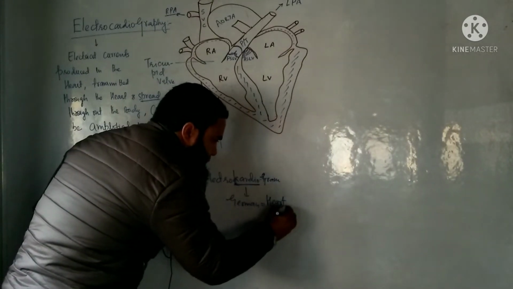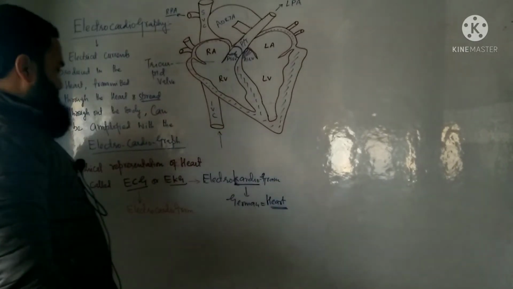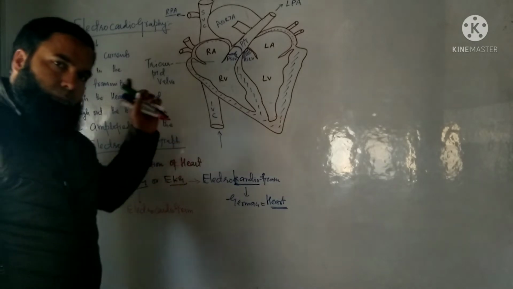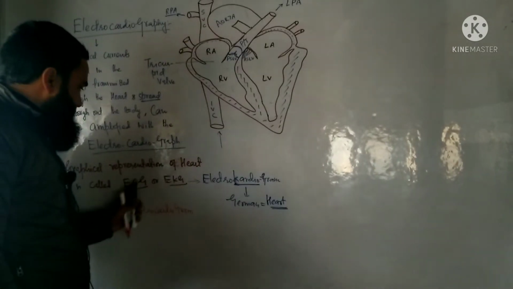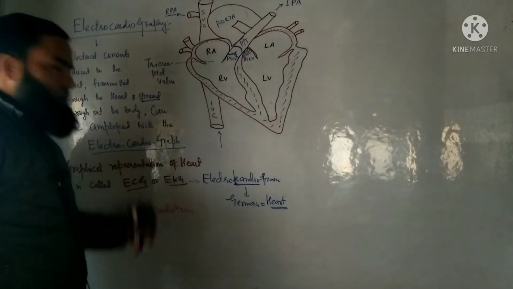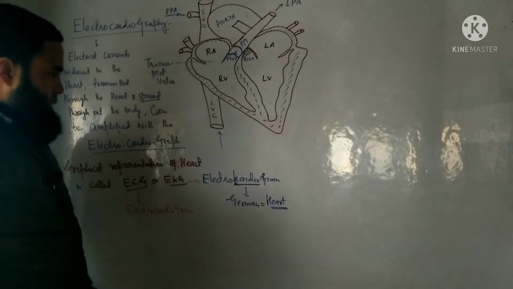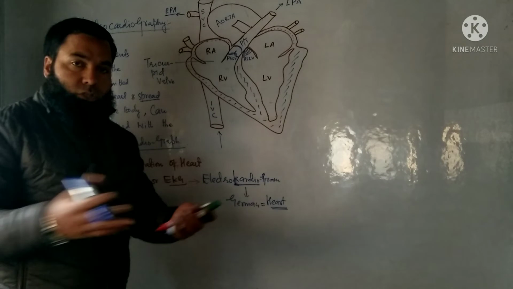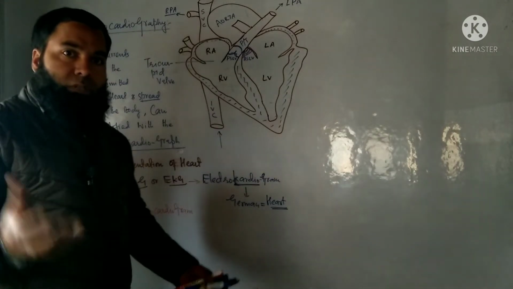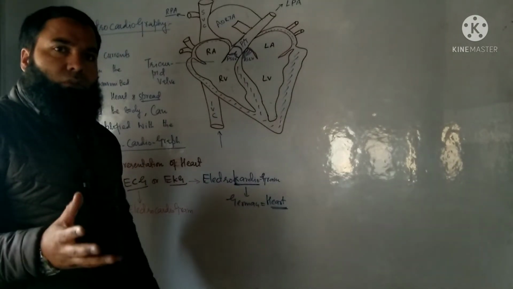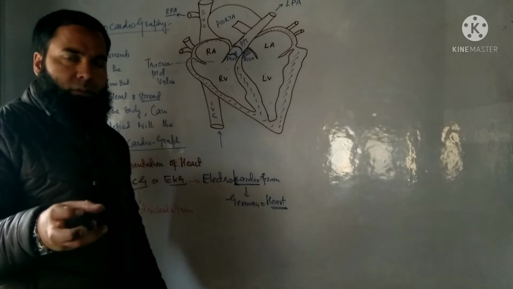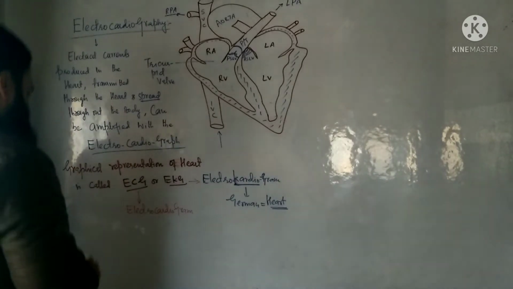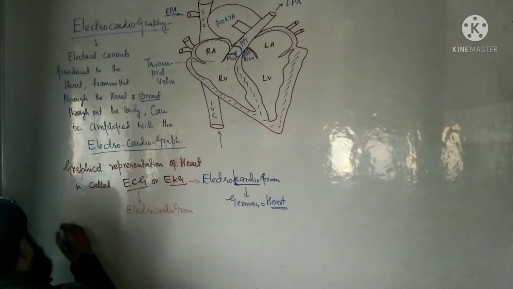So, the graphical representation of the electrical events which are produced by the heart, that's called the ECG or EKG. Now, you must remember that the heart produces the wave of depolarization of its own with the help of the SA node. So, remember this point.